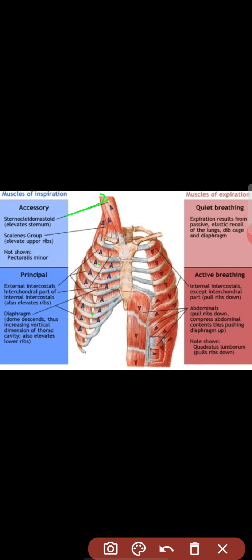There are also the muscles of expiration. Same as before, there are principal muscles such as the diaphragm and intercostal muscles. These participate principally in expiration. When the intercostal muscles move downward and the diaphragm moves upward, that increases the pressure within the lungs in the pleural cavity.